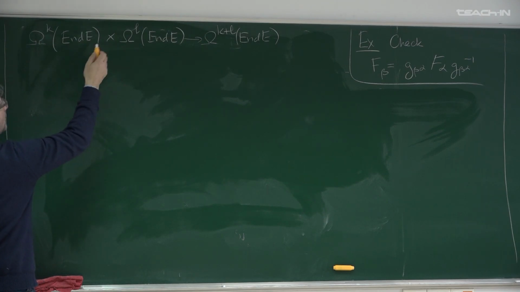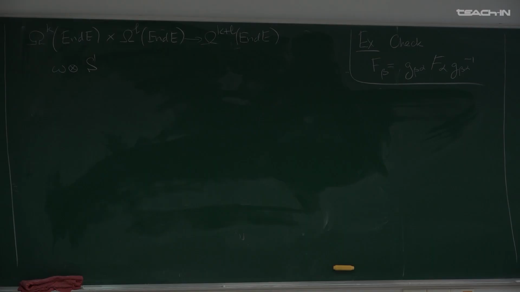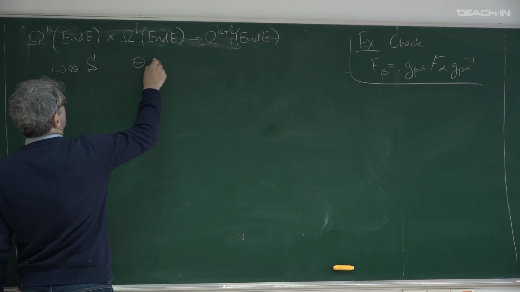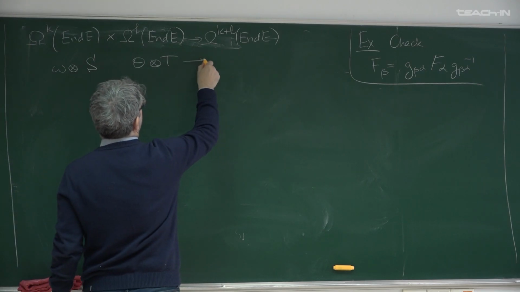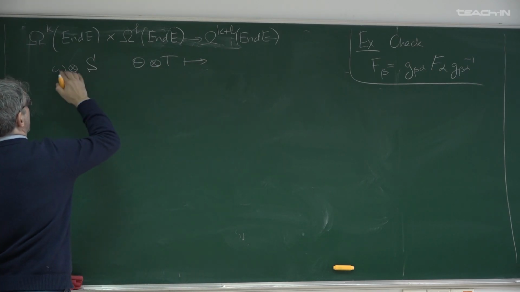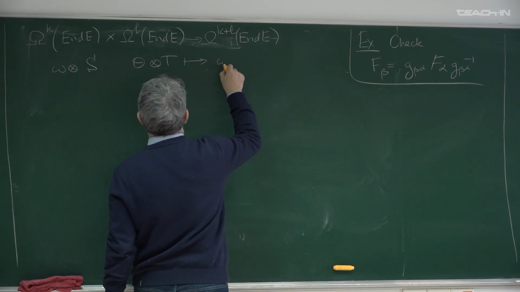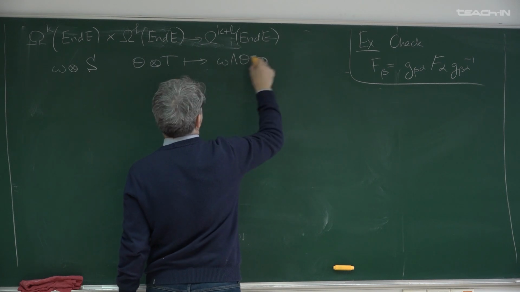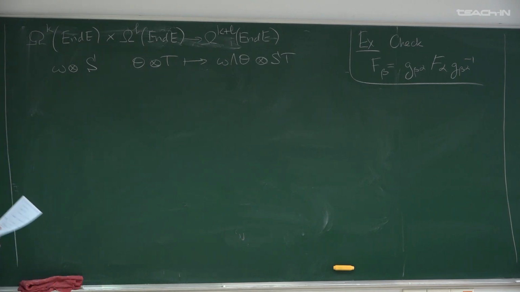A typical element here, maybe in local charts, will look as follows. What is written here? Okay, the object here will look like this. And now I want to construct a map from this object to that object. Very simple. You take the wedge product of the forms and you take the composition of two operators. Nothing interesting.